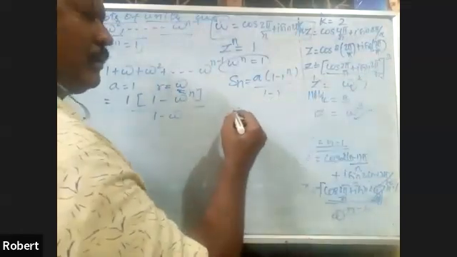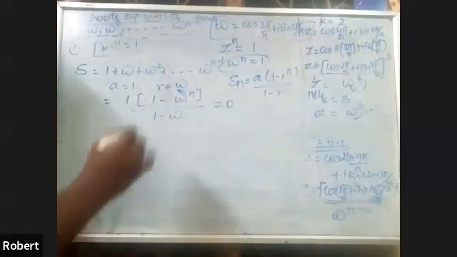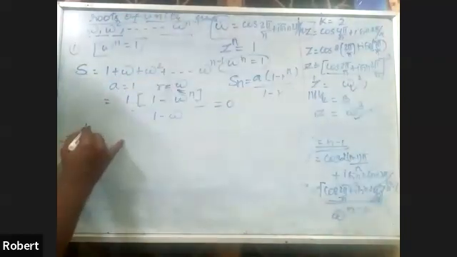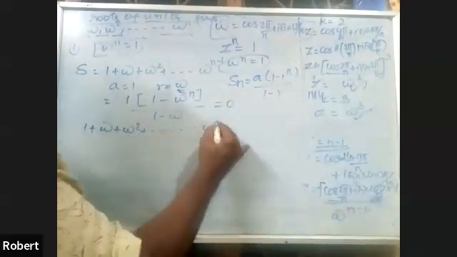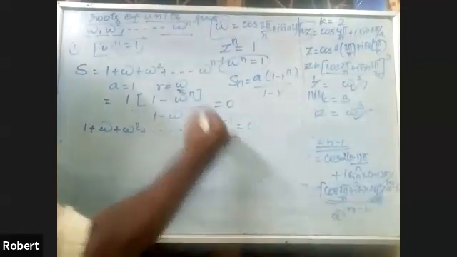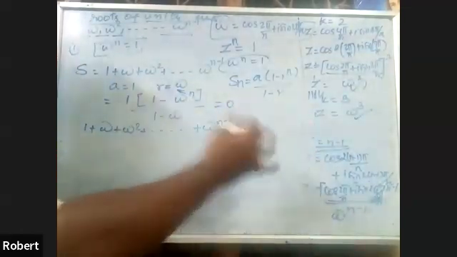Numerator is equals to 0. So therefore, which is equals to 0. I can write this as sum of all the roots 1 plus omega plus omega square and so on up to omega power n minus 1, which is equals to 0.